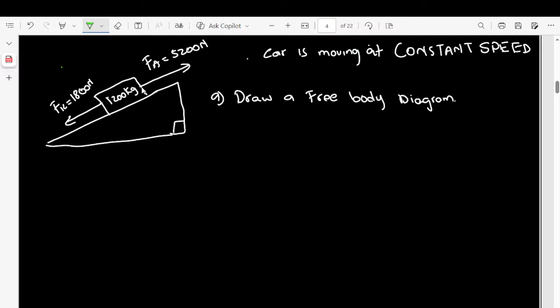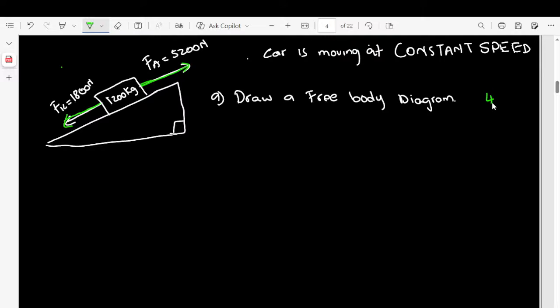Now, look at this. Already I have F applied going up. Then I have my Fk going down. So guys, I'm going to advise you, when you draw a free body diagram, please do not include your components. Do not include Fg perpendicular, Fg parallel. But when you do calculations, that's when you can include them. So this is for 4 marks.